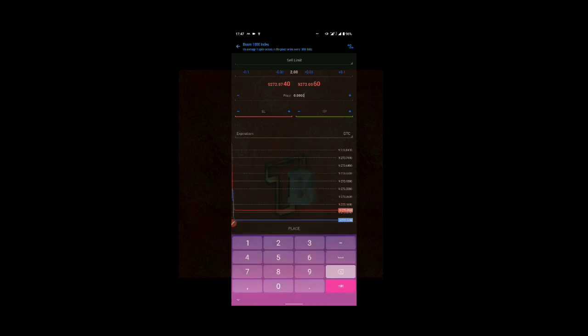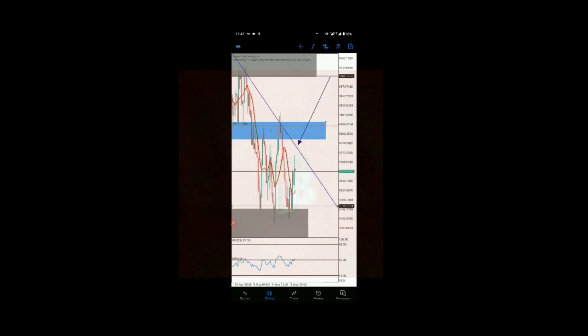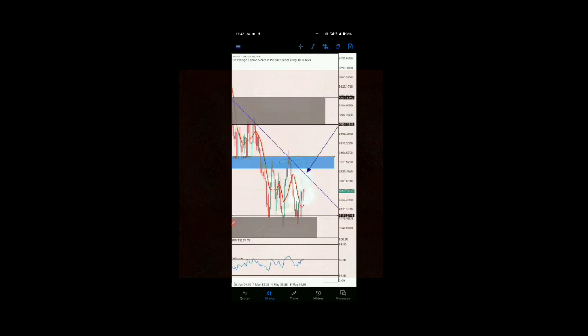So a sell limit at 9381.2. I'm going to be selling with 2 lots. That will be cool. Then we are going to be looking out for a buy. This sell will trigger once there is a break of this blue trend line. But if there is no break of the trend line, then we still hold. So that's how it's going to be.